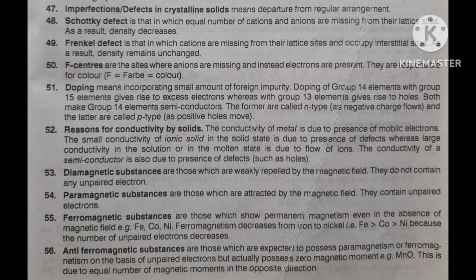Antiferromagnetic substances are those which are expected to possess paramagnetism or ferromagnetism on the basis of unpaired electrons, but actually possess zero magnetic moment. An example is MnO, manganese oxide.